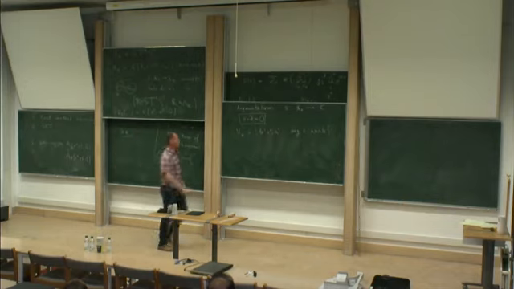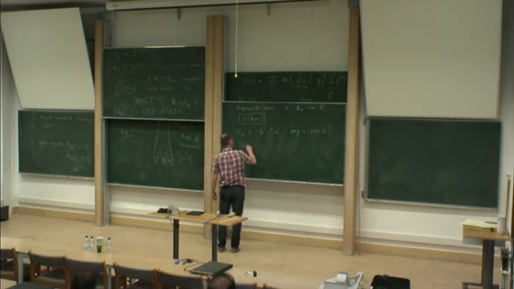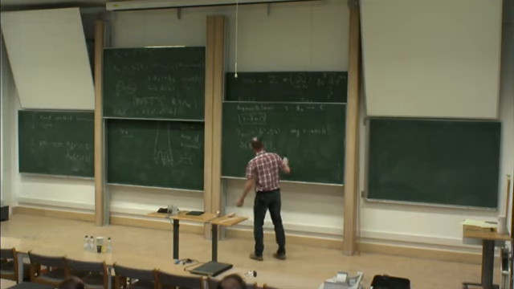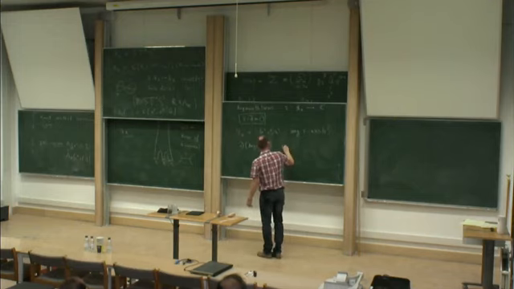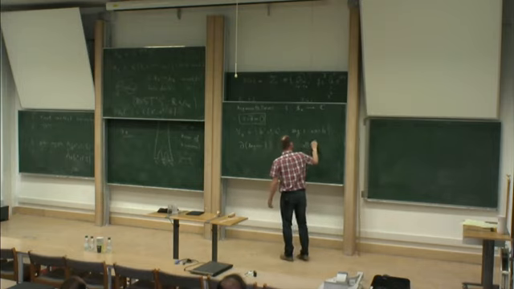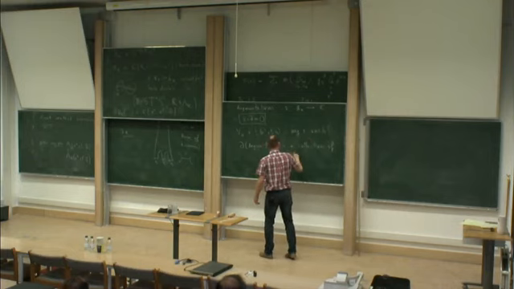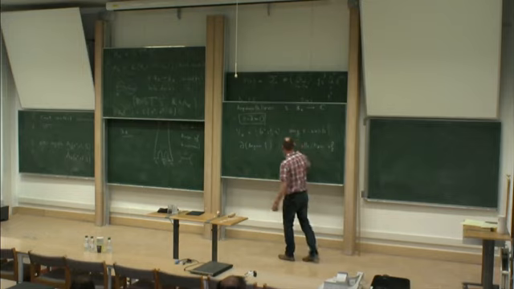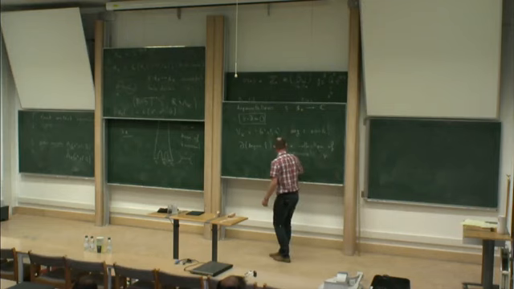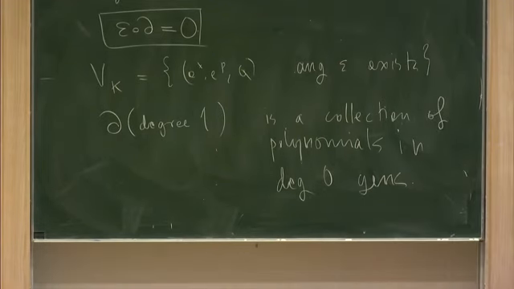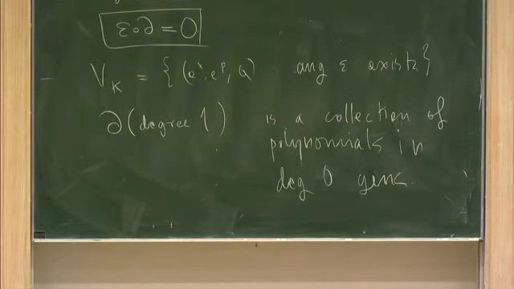And so we take this d of degree 1 generators. The differential decreases degree by 1, so that's a collection of polynomials in degree 0 generators. There are basically half as many degree 0 generators as degree 1.